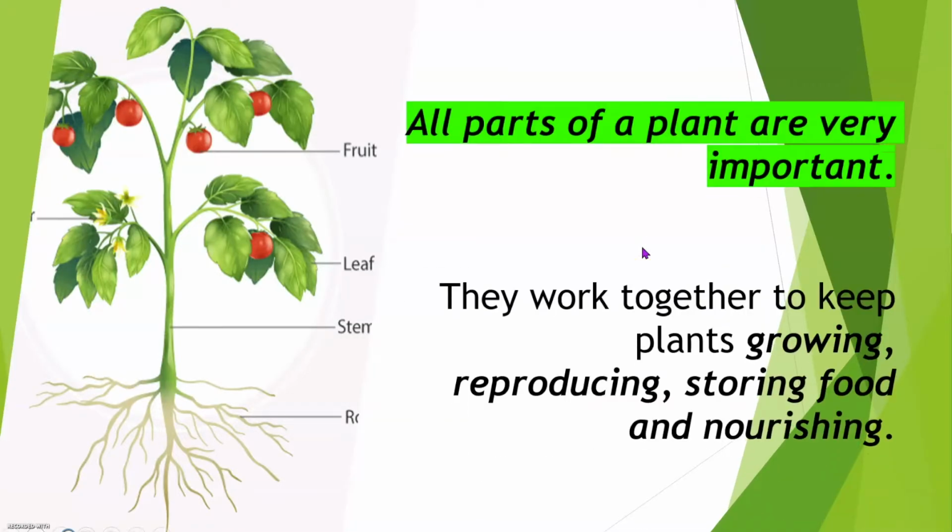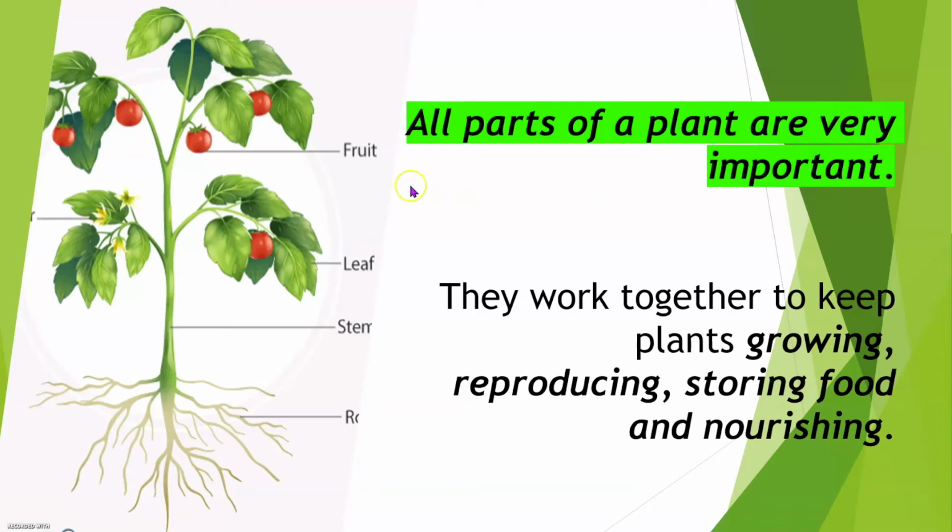On our first paragraph in your book, it says all parts of a plant are very important. Can you repeat after me? All parts of a plant are very important. Very good. So what are the parts of the plant?